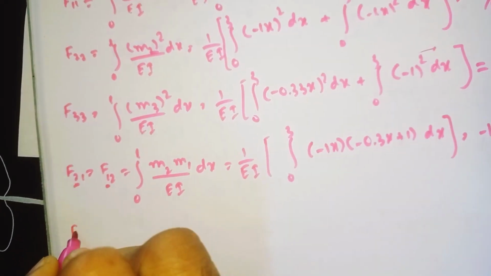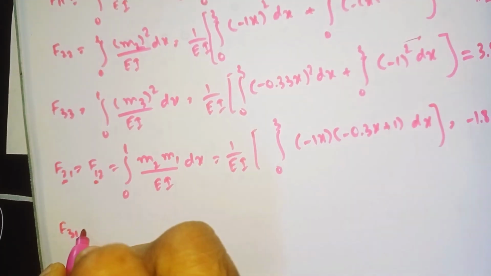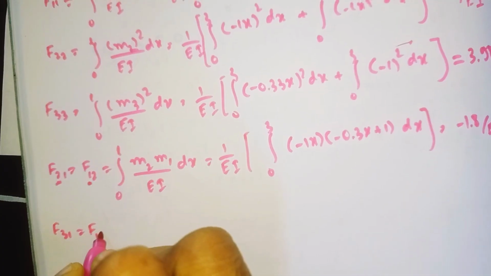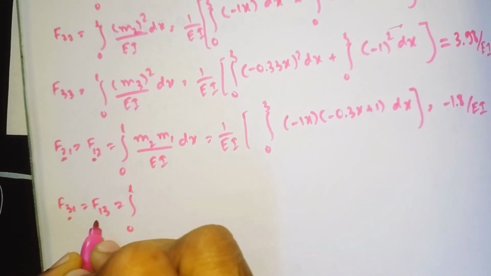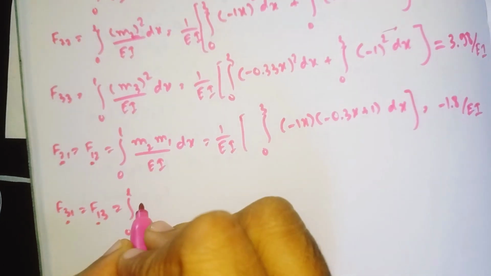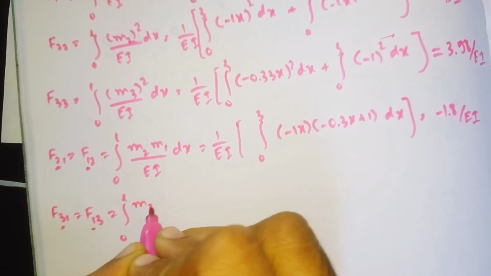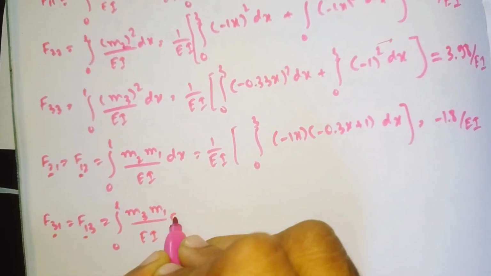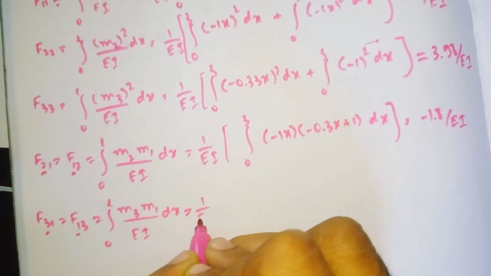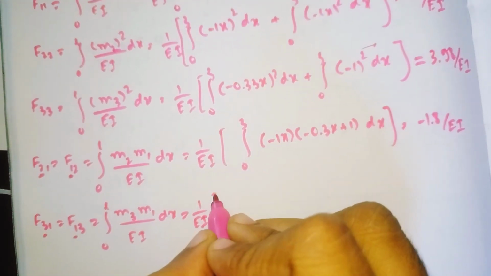So F31 is equal to F13. We need to take 0 to L. The moment of the first point is 3 here. The first point is 1 here. So M3 into M1, or you can take M1 into M3. Both will be the same, divided by EI into dx. So 1 divided by EI is constant, I am taking it outside.